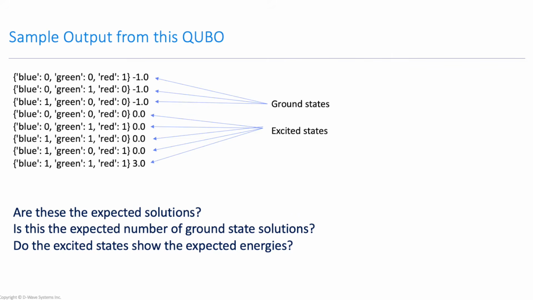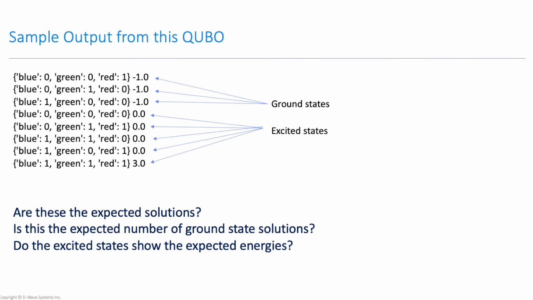Now, are there any more ground state solutions? In this case, if you think about it for a moment, no, because the ground state solutions are just having one turned on. But let's look at that fourth line. None turned on. See it there? Blue is 0, green is 0, red is 0. Nobody's turned on.